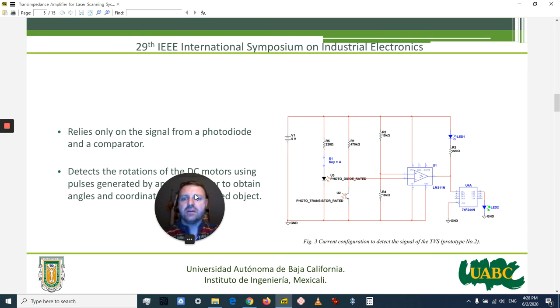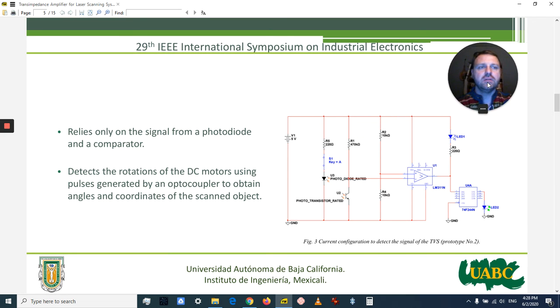Here you see the processing circuits of the old prototype, which only used photodiodes and a comparator to detect the received signal by using an impulse.